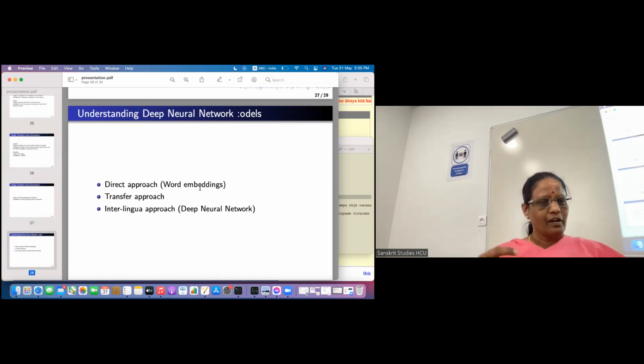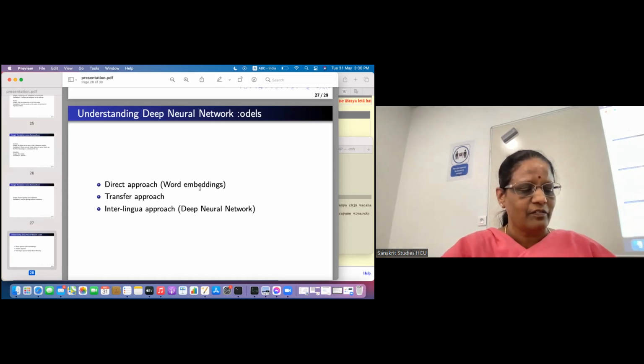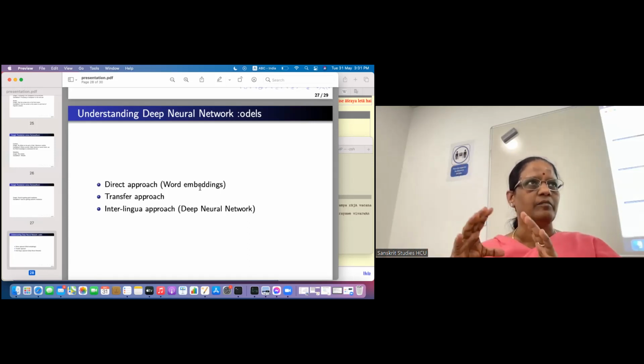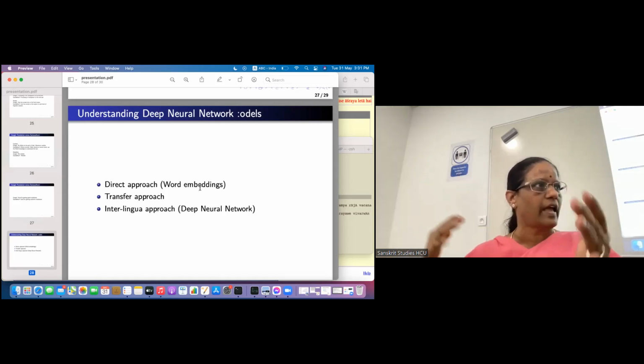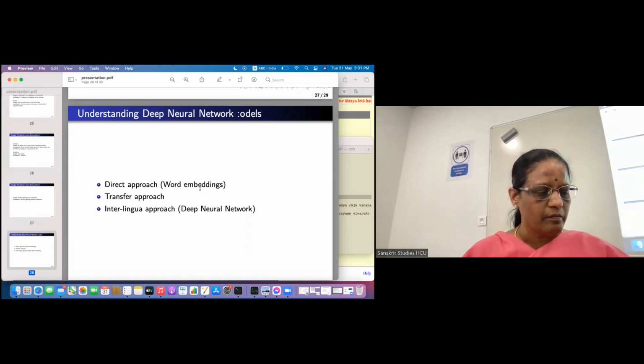So Google came up with a very interesting idea, a very path-breaking idea, I should say, where only based on the monolingual corpus and the word embeddings, or the meaning spaces of different languages, they could map the meaning space of Sanskrit into this.